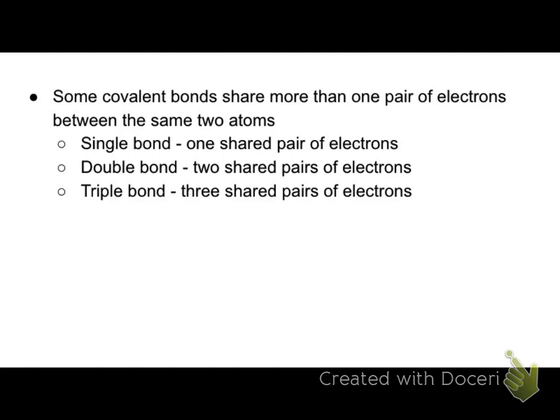And then if we want to look at a triple bond, we can use nitrogen. Nitrogen gas is not just single atoms of nitrogen floating around, but it is in fact 2 nitrogen atoms bonded to each other into a molecule, and then there's a bunch of those molecules floating around. So what that would look like is nitrogen bonded to nitrogen. Nitrogen is in group 15, which means it has 5 valence electrons, so we can draw those on.